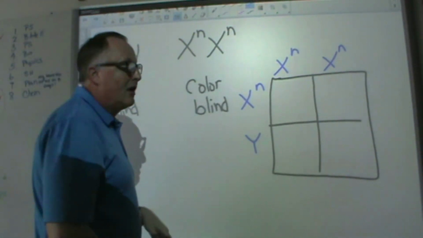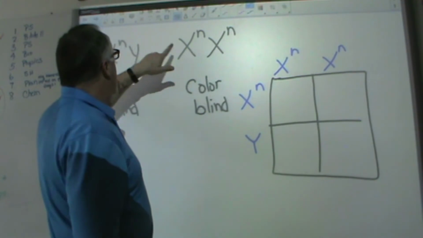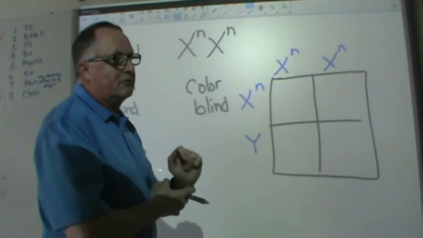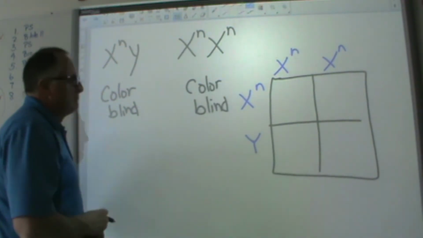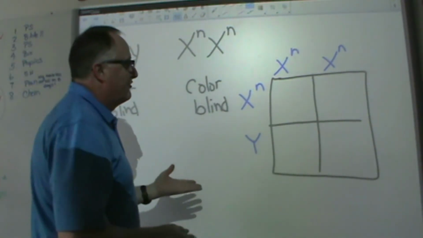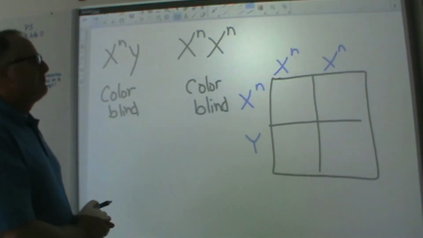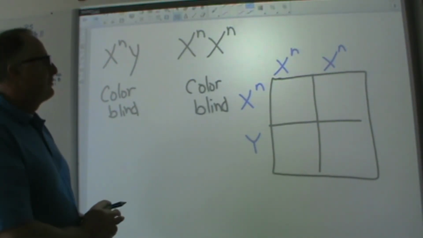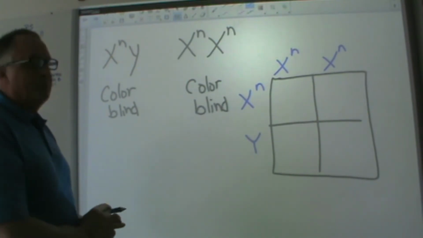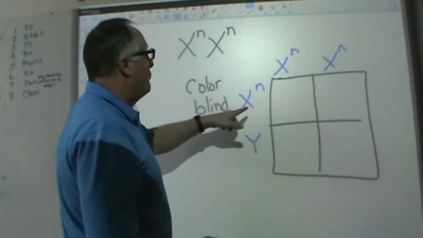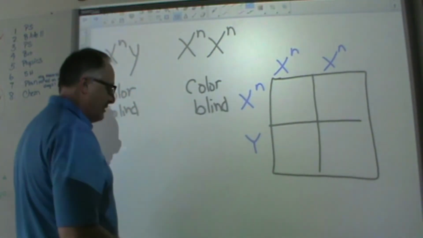So if you have a colorblind woman who marries a colorblind man, all of their children will be colorblind. Now, I don't know if that would be enough to say, no, I can't marry you because I can't do that to our kids. My brothers have lived very happy and productive lives being colorblind. But that would be a case where everybody would be colorblind.